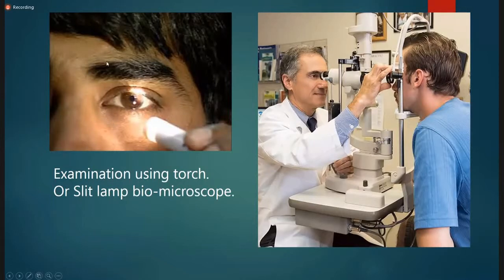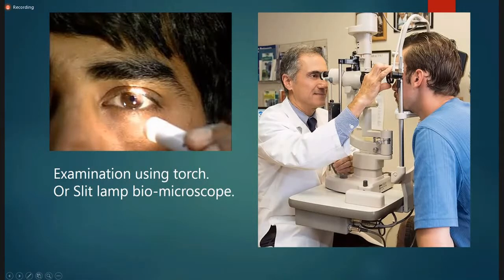Start from the eyebrows, looking for any asymmetry between the two eyebrows. Then examine the upper lid and lower lid. The upper lid covers the superior 2 millimeter of the cornea. The lower lid touches just the limbus.